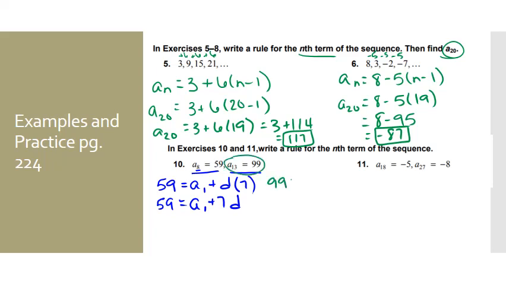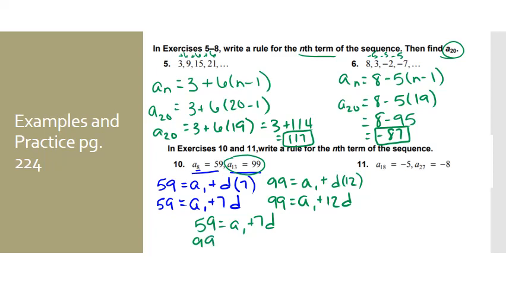So it'll be 99 equals a sub 1 plus d times 13 minus 1, which would be 12. So this would be 99. And then, guys, we have a system of equations.